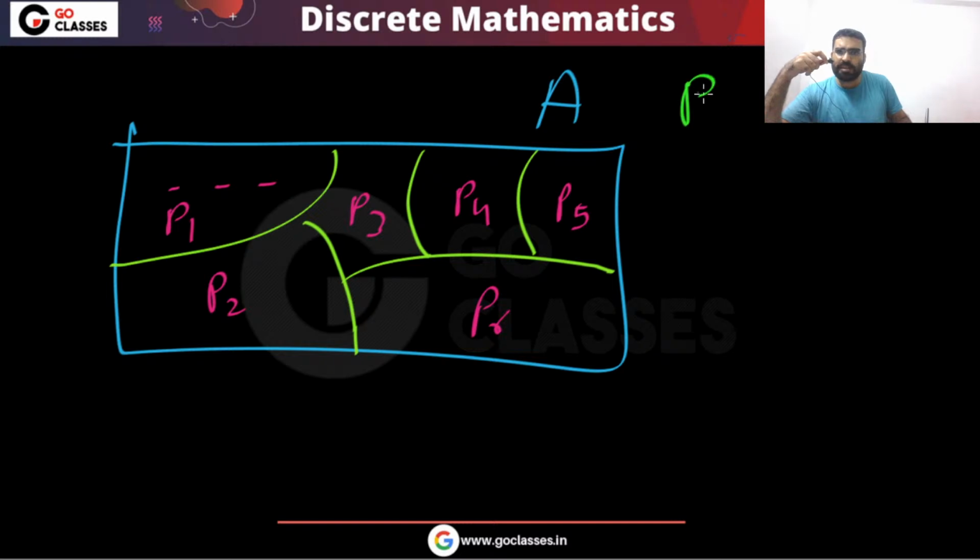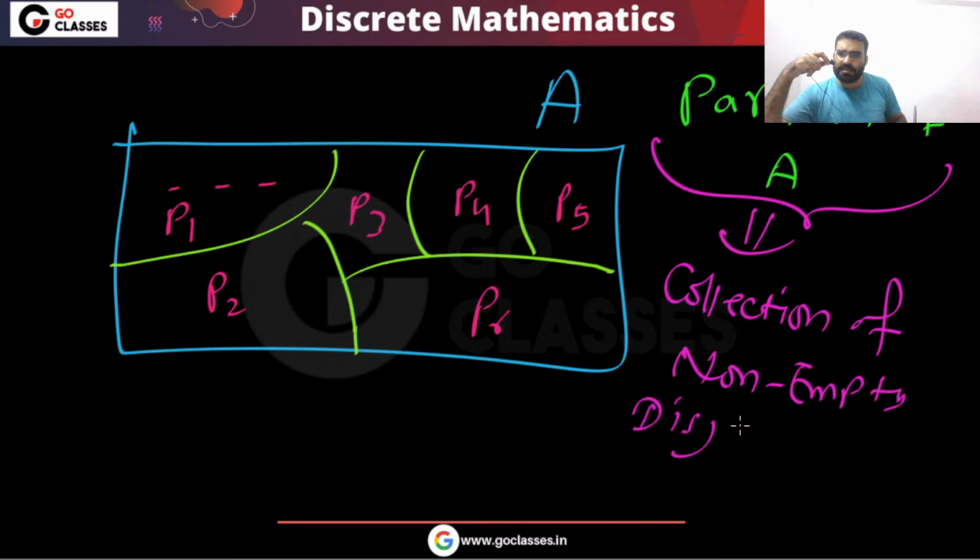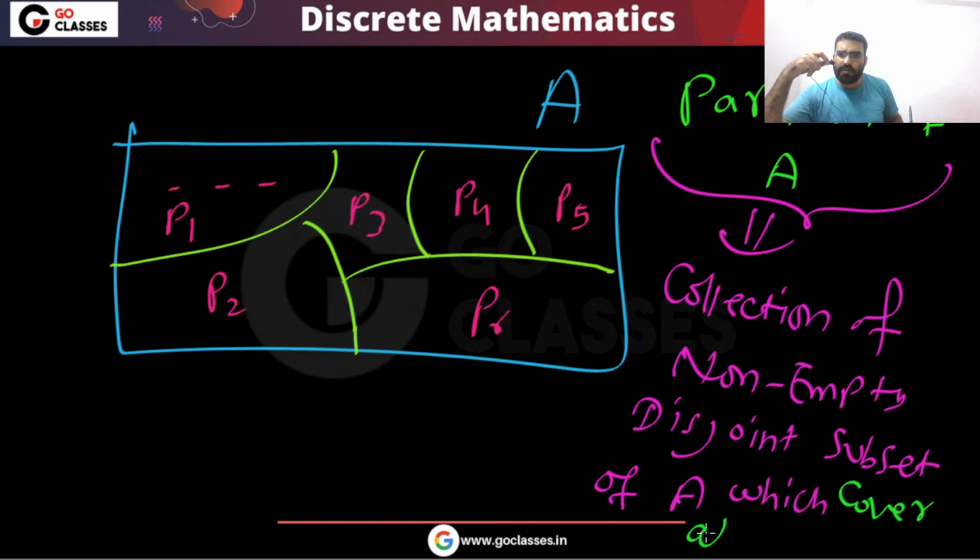So what is partition of A? Partition of A is nothing but a set. Remember, partition of A is a collection of non-empty disjoint subsets of A which cover all the elements of A. Okay, this is the definition of partition.